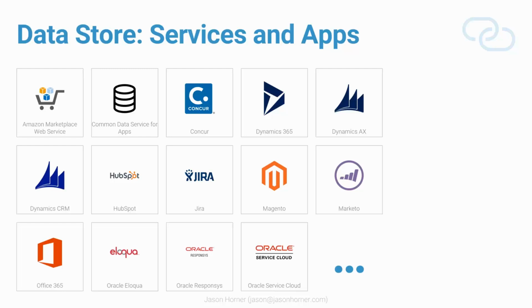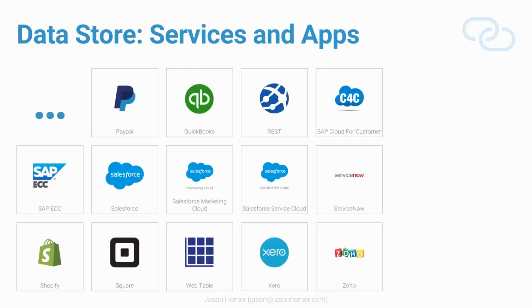And a lot of third-party stuff: Salesforce, Xero's accounting package, PayPal, all those kinds of things. And if there isn't one of these that works for you, as long as that third-party service has a REST API, you can always pull data back using the REST activity. So there are ways to get stuff if it isn't exposed.